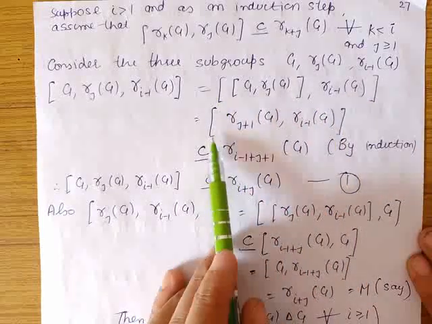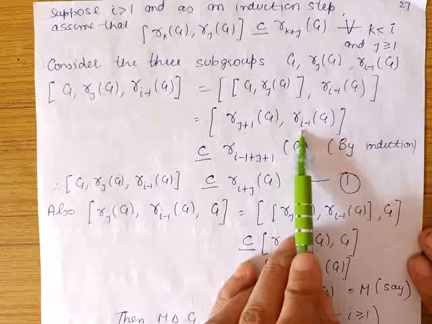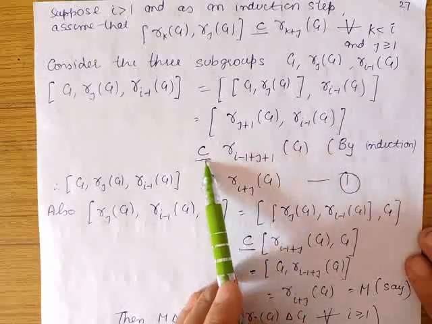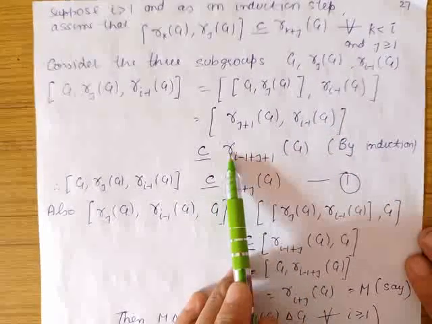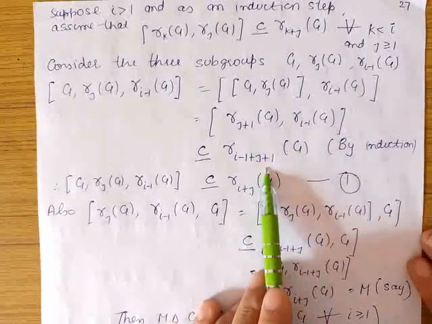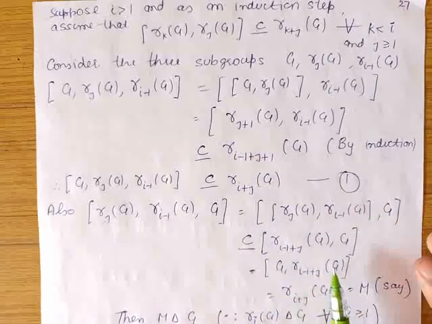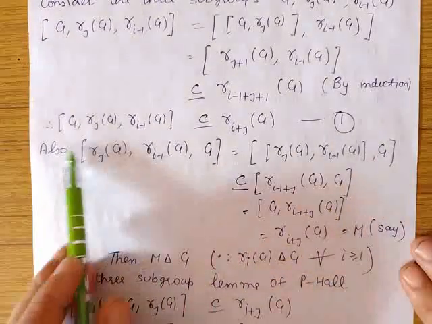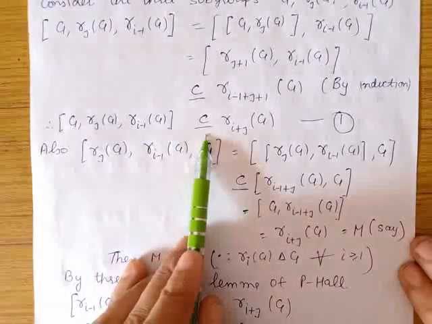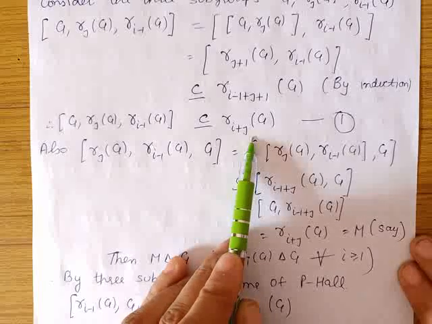So this becomes the commutator of γ_{j+1} with γ_{i-1}. Now by using the induction step, this is contained in γ of the sum (i-1)+(j+1), and this becomes γ_{i+j}. So we have proved the commutator of G, γ_j and γ_{i-1} is contained in γ_{i+j}.